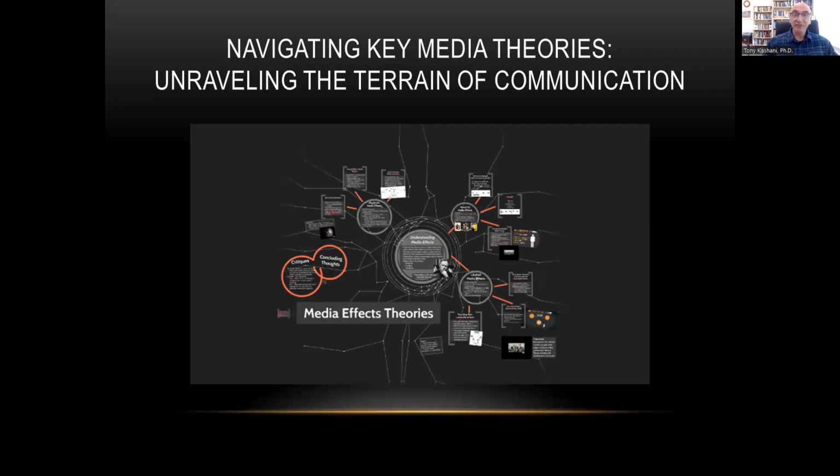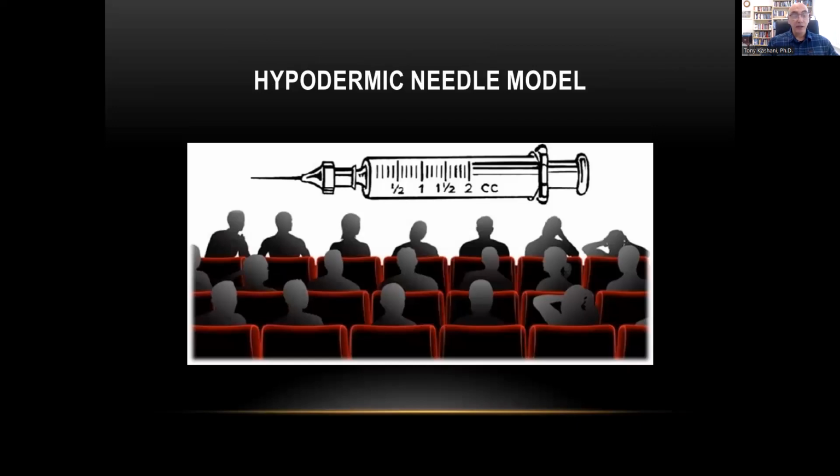Theories of media effects. The first one that I want to discuss is the hypodermic needle model. You might have heard of this theory in different contexts. The hypodermic needle model, also known as the magic bullet or transmission belt model, is a communication theory that originated in the early 20th century.